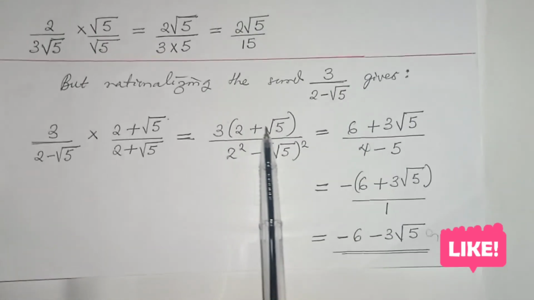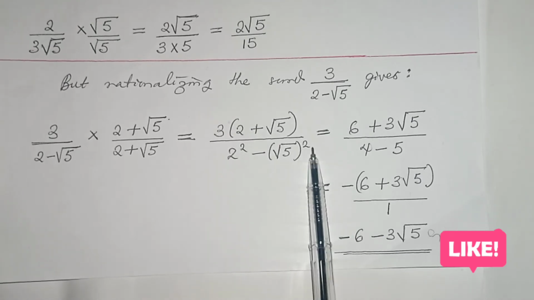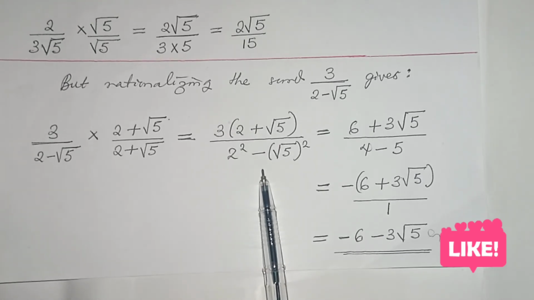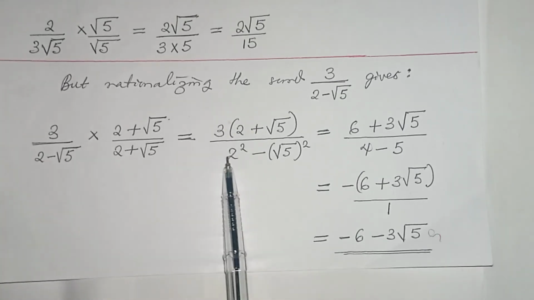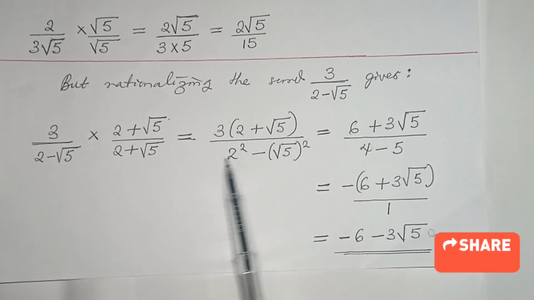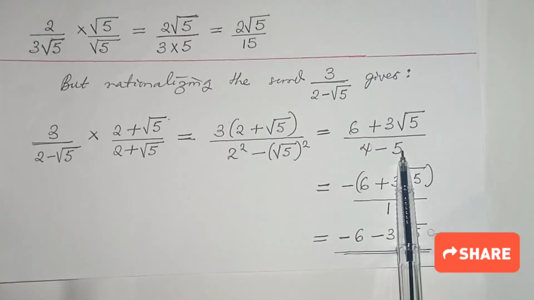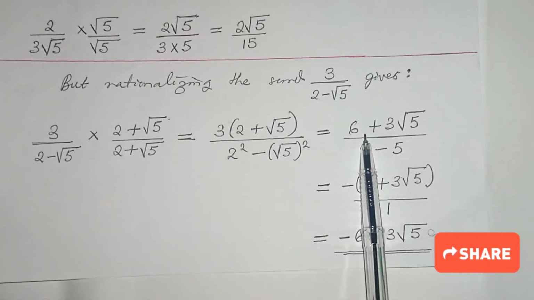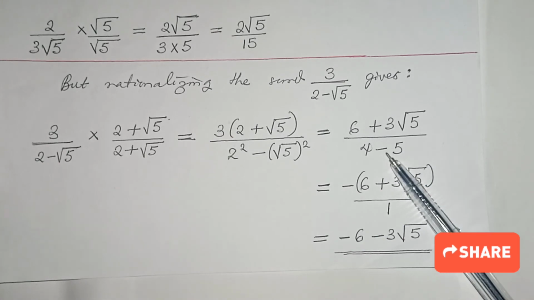3 in bracket 2 plus root 5 in the numerator and 2 squared minus root 5 squared. If you remember what we discussed on difference of 2 squares, this would amount to difference of 2 squares. So all you have to do is to say 2 squared minus root 5 all squared, and 2 squared gives you 4, root 5 squared gives you 5, and that becomes, when you expand the numerator, 6 plus 3 root 5 divided by 4 minus 5.